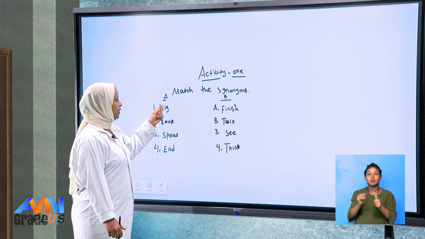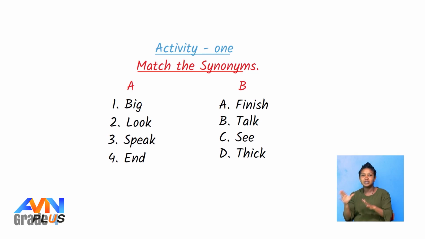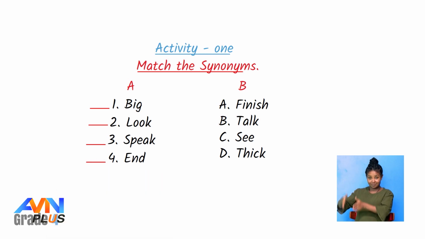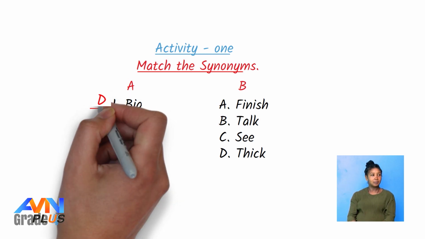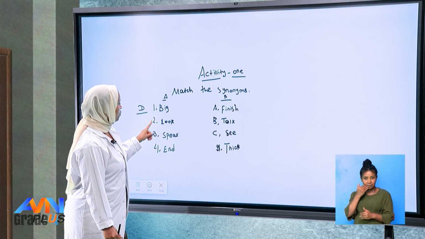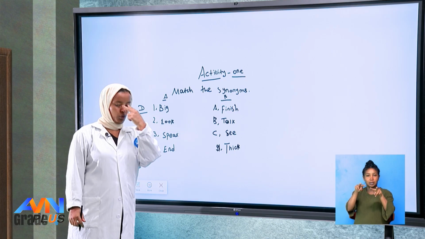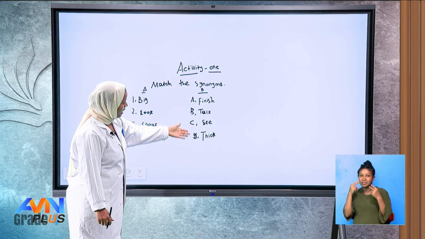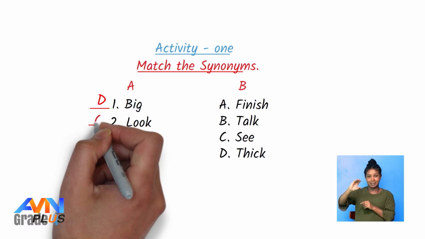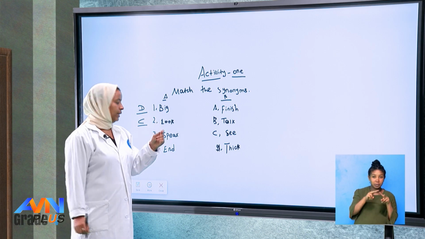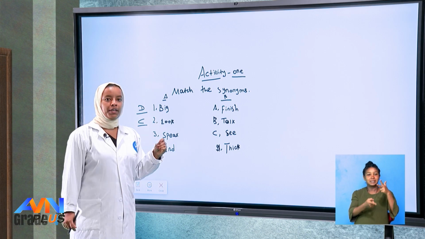Here is 1, big. The same meaning is D, thick. Number 2, look. Let us choose see. Look, see. And 3, speak.